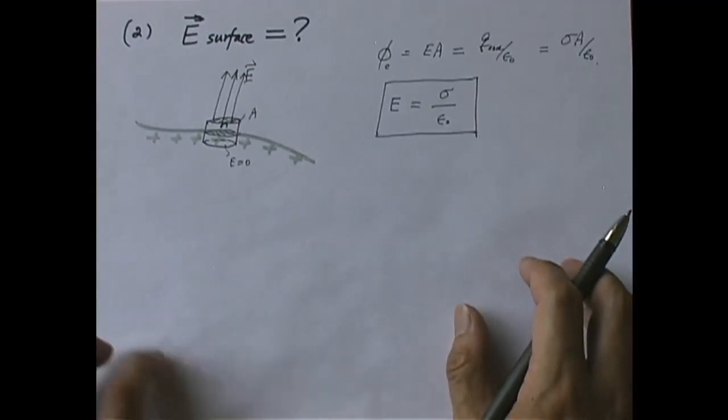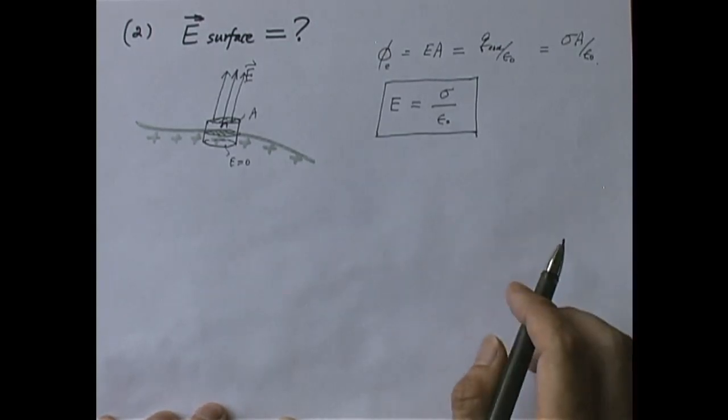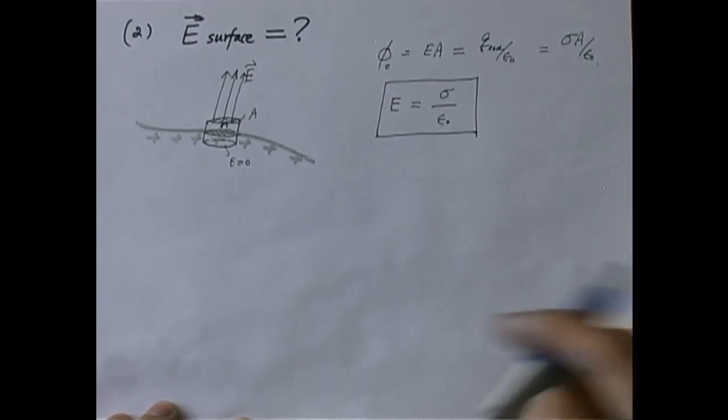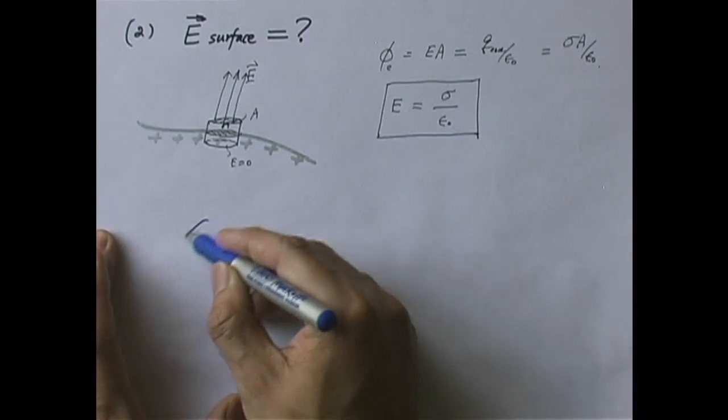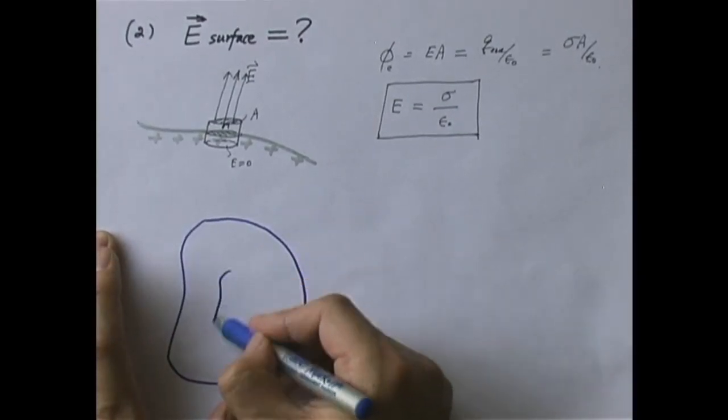We have concluded that for an ideal conductor with excess charge, the charge must live on the surface. But what if the conductor has an interior surface as well? In other words, it's got a hole. Now, this is something we have to consider.